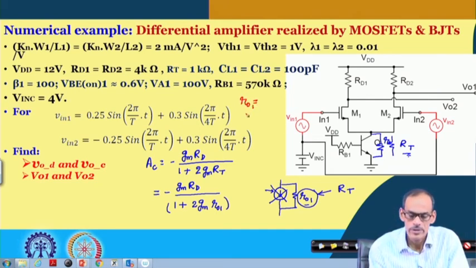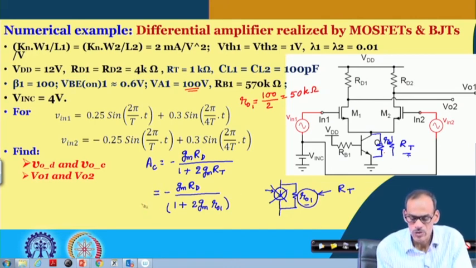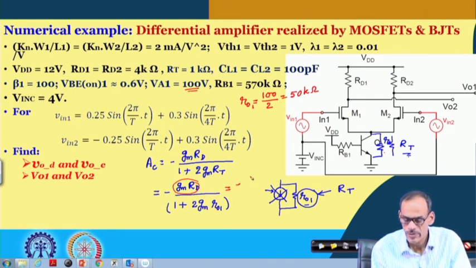So, RO1, if I consider its early voltage of say 100 volt and its current flow is 2 milliampere, gives us RO1 equal to 100 divided by 2 kilo, so that is 50 kilo ohm. So, the value of this common mode gain is equal to the numerator part we have already calculated, 8, and the denominator part we have 1 plus 2 into 2 and then 50.